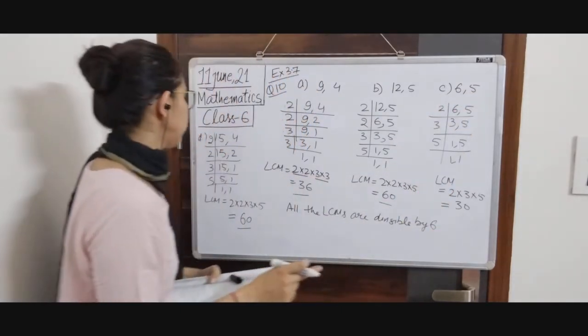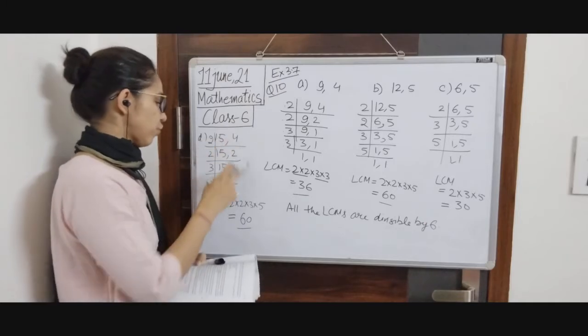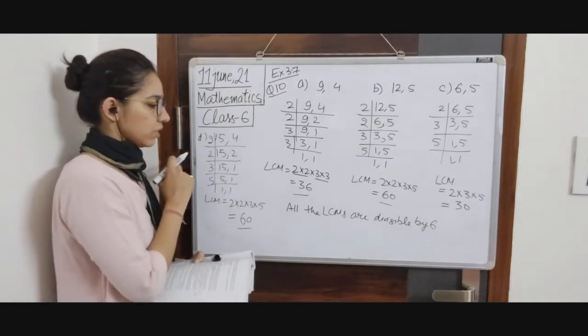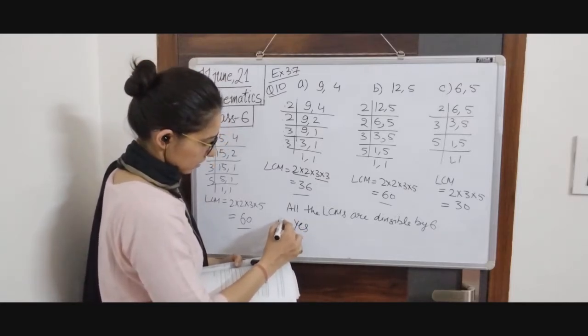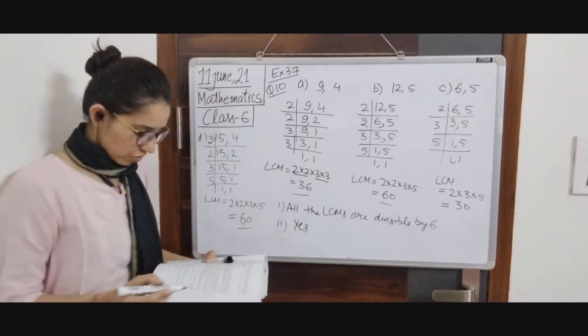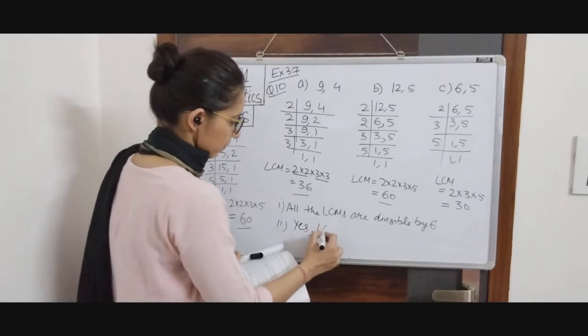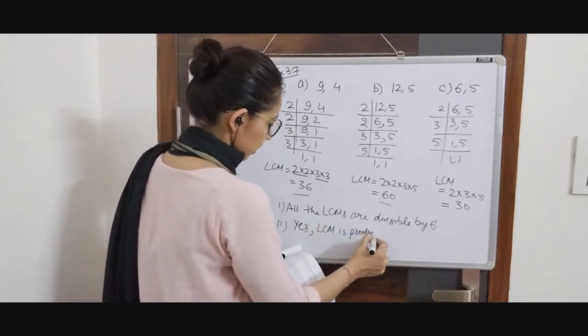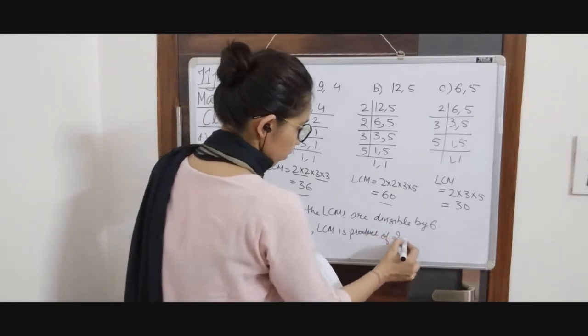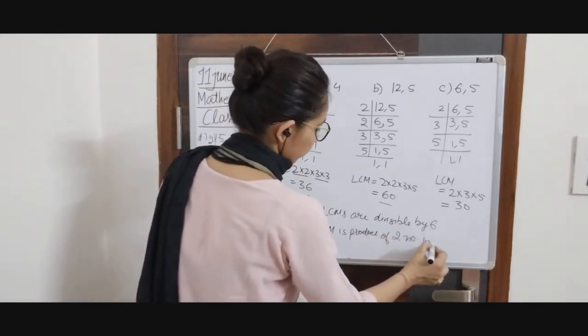LCM is also 30. For 15 and 4, LCM is 60 and product is also 60. So, yes, in each case, LCM is the product of 2 numbers.